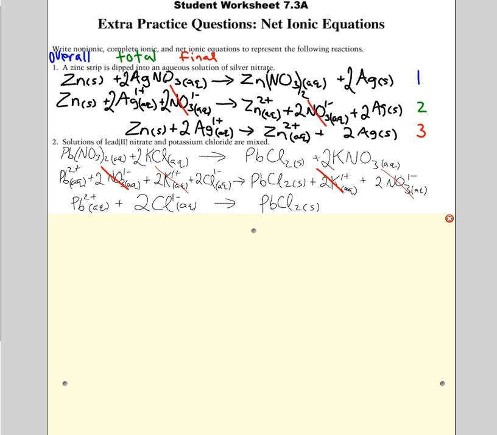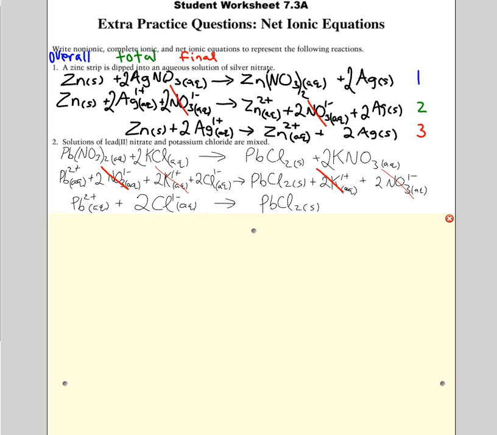Potassium nitrate is highly soluble, so we're just going to get an aqueous solution, which means we'll just have potassium and nitrate ions surrounded by water molecules. Whenever we write aqueous, we can think of aqua or water. Water is really attached to those ions, keeping them separate.